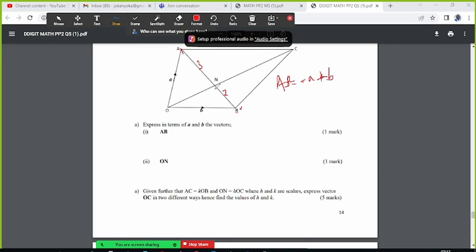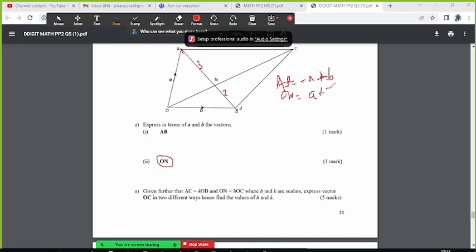Now we want vector ON, and vector ON is equal to, we can go to OA plus AN. So OA is vector A plus AN.